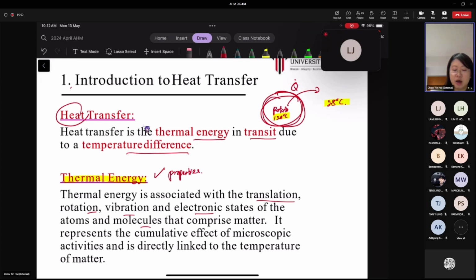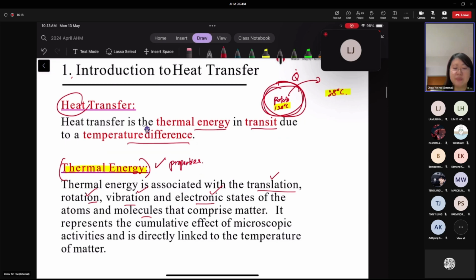So this thermal energy is due to all the activity of the molecules at the molecular level, more linked to the kinetic energy. It does not include the internal energy part. It's more related to the kinetic energy at the molecular level. That's why you see it mentioned translation, rotation, vibration, and electronic states.